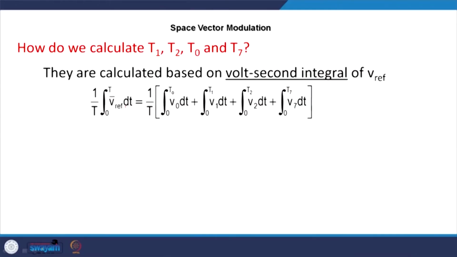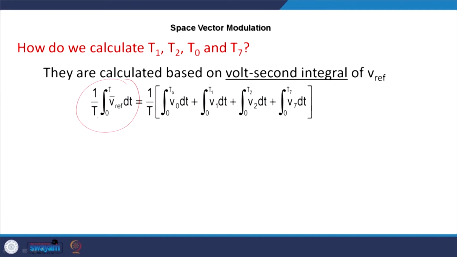So, if you take this voltage under the curve, that is the time integration of the voltage, that is necessarily flux. And you divide it by T, that is the voltage only.